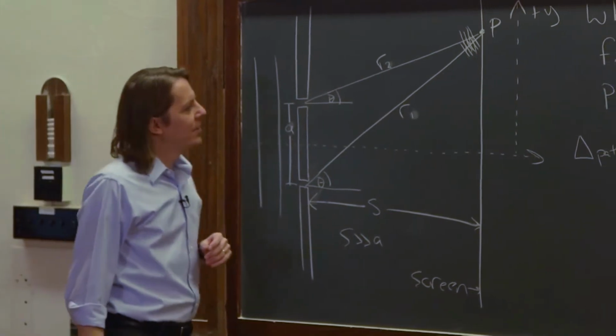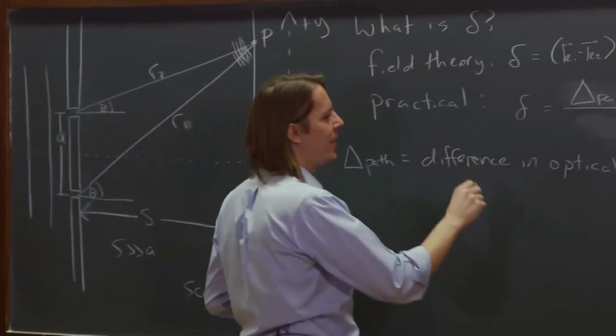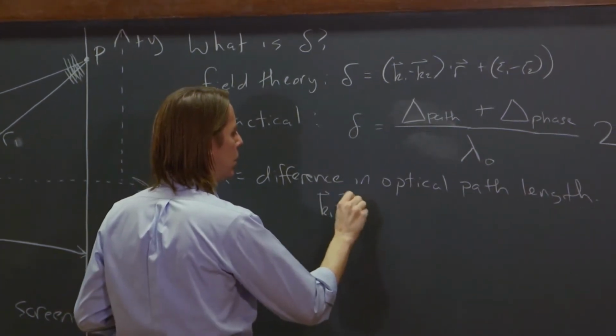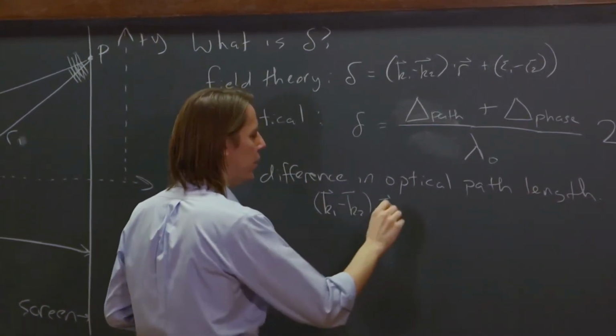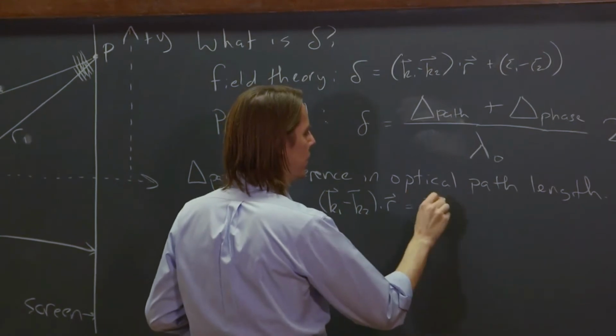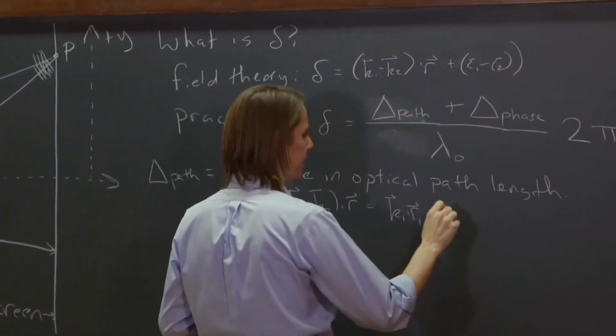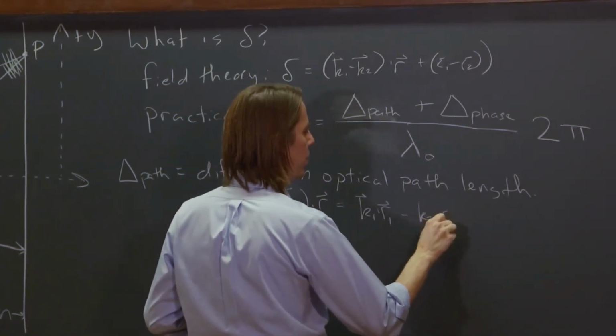So let's think about what that means. K1 minus K2 dot R is equal to K1 dot R1 minus K2 dot R2.